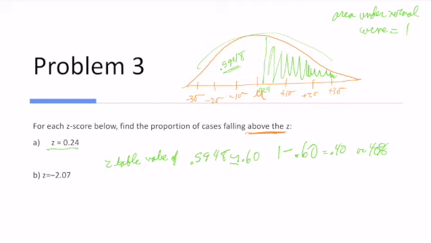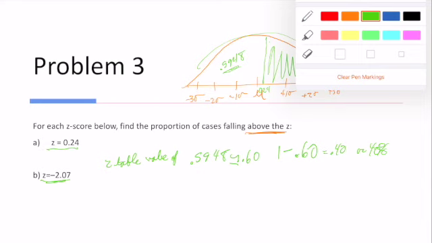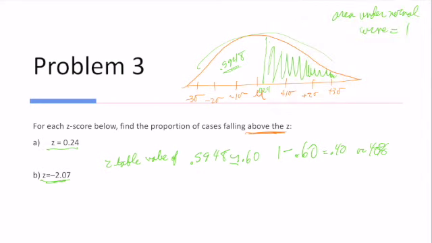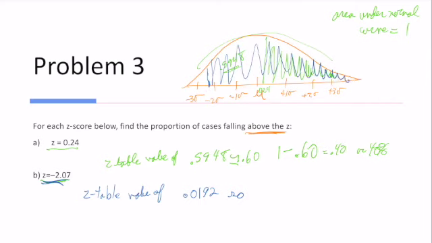Next, if I have a z-score of negative 2.04, I'm going to look that up in my z-table, and it will give me a value of 0.0192. So here I am at negative 0.207, and I want the area above this.